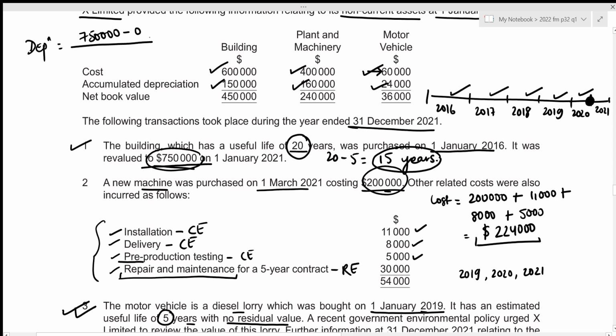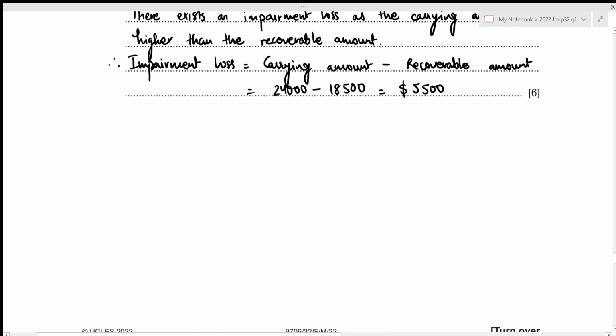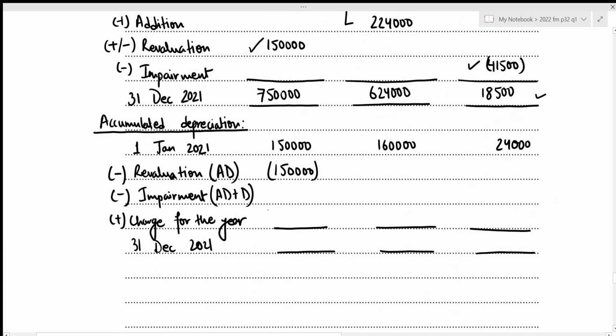Then divided by our estimated useful life, which we just figured out to be 15 years. And this gives the depreciation charge for a year to be 50,000. Let's write this down in our non-current assets schedule. So that will be 50,000, which means that at the date of 31st December 2021, the accumulated depreciation for building will be the sum of these three amounts, which result in 50,000.